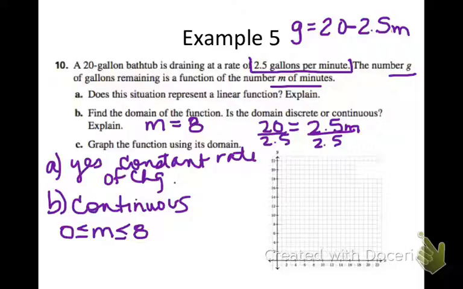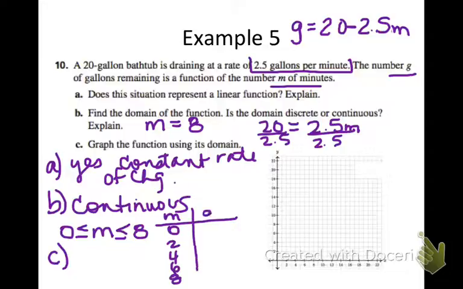Then for part C, to graph it. So we could make a table of values, and I'll go ahead and count by 2s. 2, 4, 6, and 8. This would be our minutes. And to get our gallons, we could substitute it in here, and we would get, there are 20 gallons in the tub after 0 minutes.